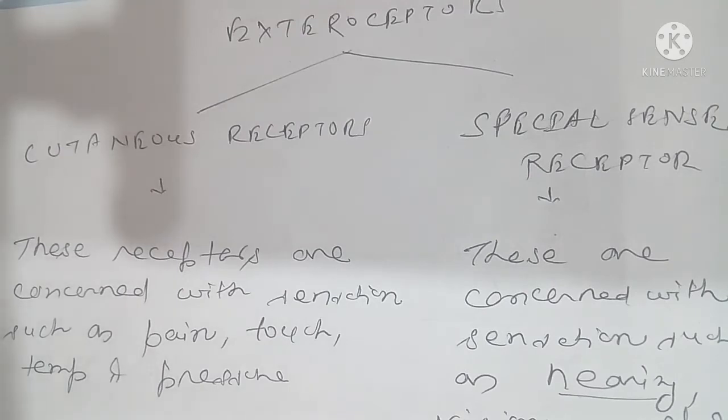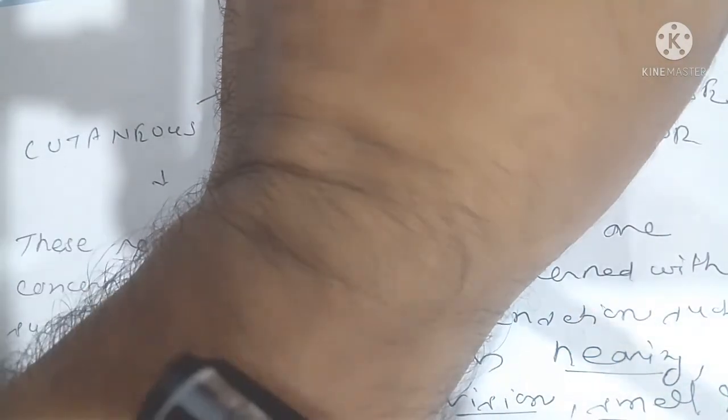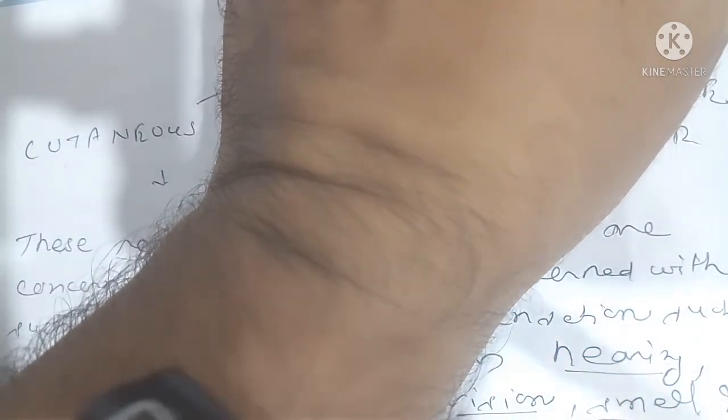What is a cutaneous receptor? These are receptors concerned with sensations like pain, touch, temperature, and pressure. Just like when we touch our hand with a pen, that's the touch receptor.